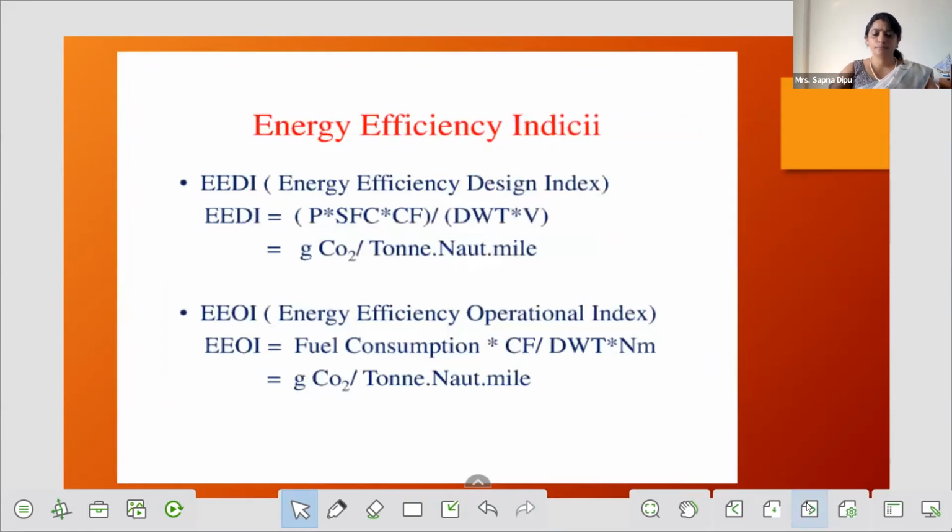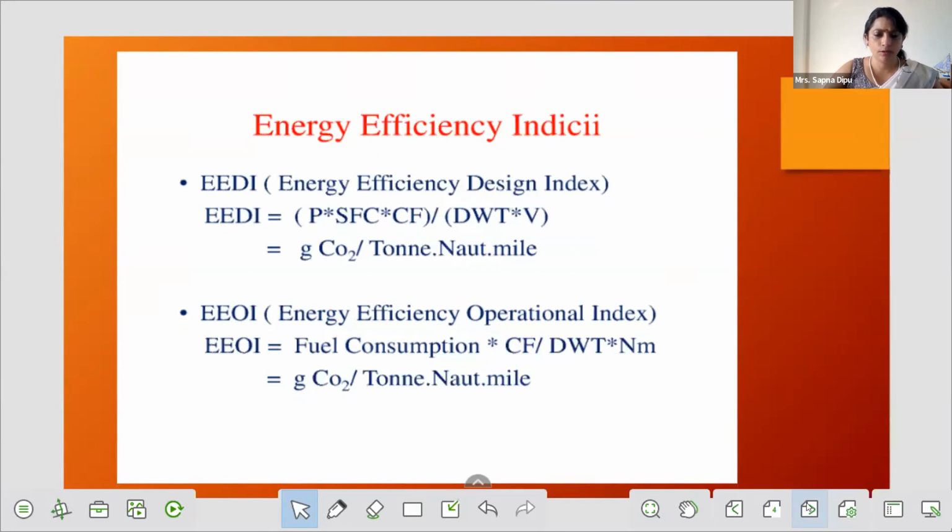A very important thing, as you all know, is EEDI, the Energy Efficiency Design Index, which was mandatory from January 2013 for all new design ships.